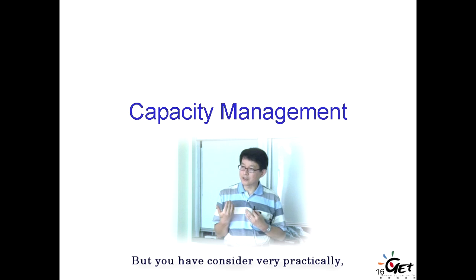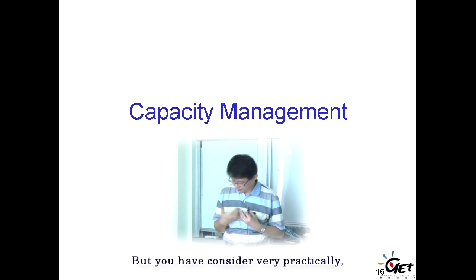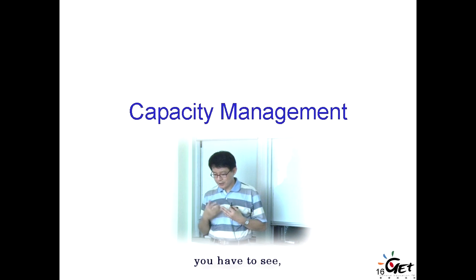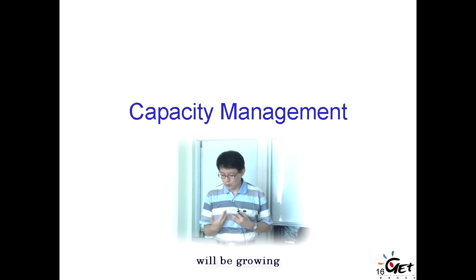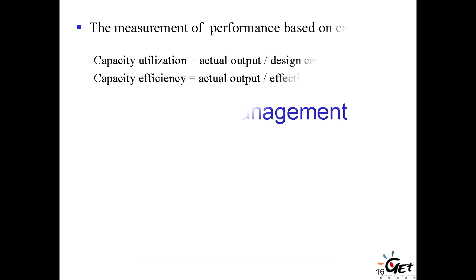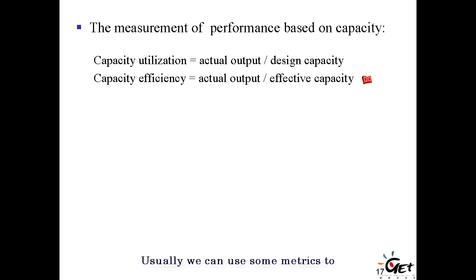But you have to consider it very practically, right? You have to see in the future how much the demand will be growing, right? So usually we can use some metrics to measure the capacity utilization.